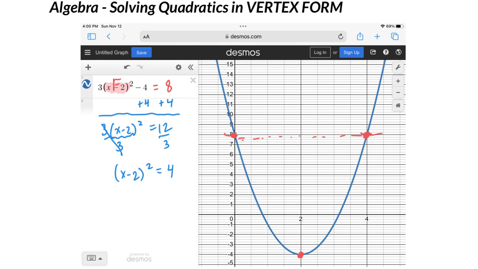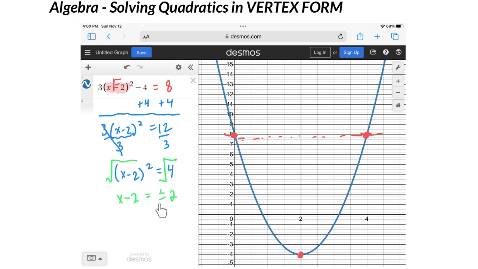Now at this point, I'm going to take the square root. That's how I'm going to get rid of that squared power. Now, the square root of something squared is just that thing inside. It's just x minus 2. But over here, this is the key. When you're solving with a square root, we have 2 possible answers. Positive 2 or negative 2. And again, this goes back to the fact that when we plug these numbers in, 0 and 4, 0 minus 2 is negative 2, but squared is positive 4. 4 minus 2 is positive 2 squared.